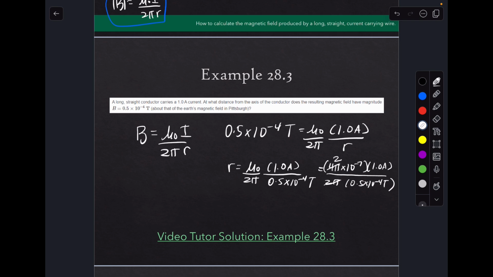So we'll have 2 times 10 to the minus 7 multiplied by 1 divided by 0.5 times 10 to the minus 4. And what do we get? We get 0.004 meters, which is roughly 4 millimeters.